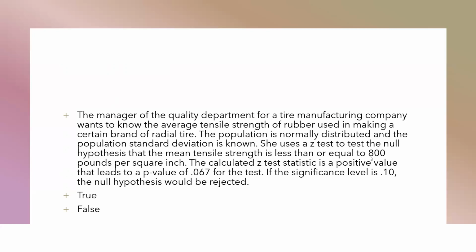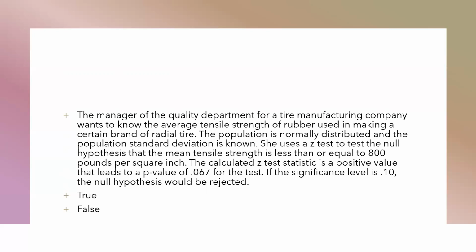They take 800 pounds per square inch as a sample, run the statistical test, and find that the p-value is 0.06 for each test, and the significance level alpha is 0.10. Then they say that therefore the null hypothesis must be rejected.